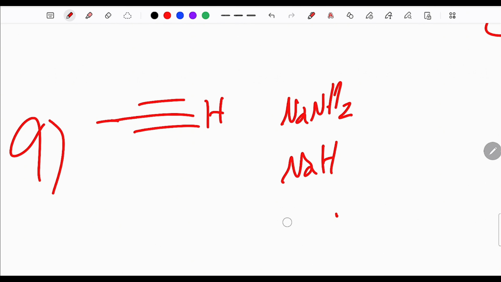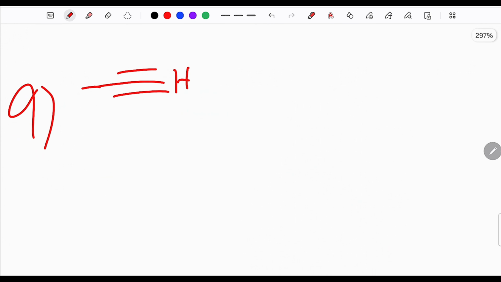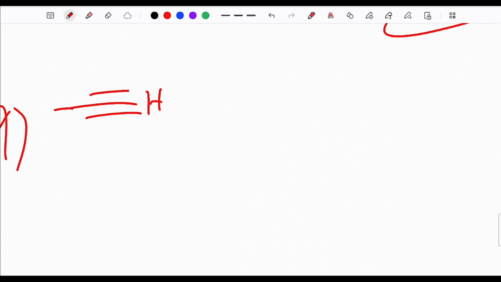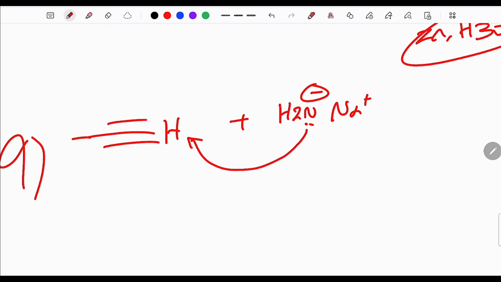Okay, so you could use a couple of strong bases here, but for the mechanism, we're going to use this one here, sodium H2N minus. And we're going to cleave off that proton. I should show that.